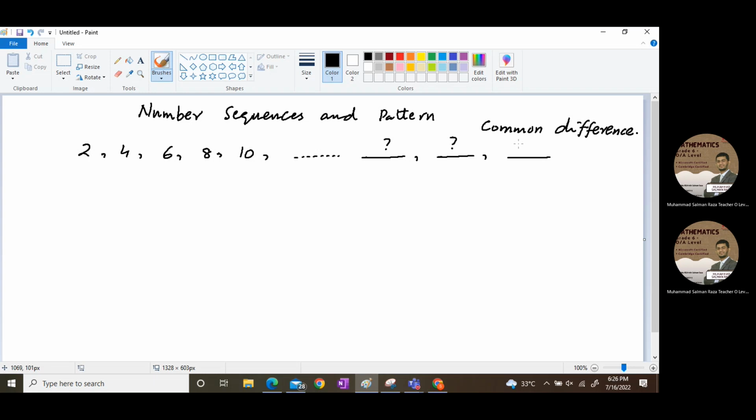Suppose if you want to know the 100th or the 200th number of it, then we can easily find it out by using a formula, and that is T of n is equal to a plus n minus 1 times d. This is the formula for a common difference.